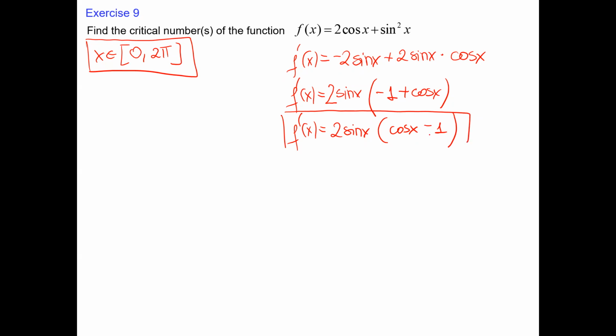And we may also notice this derivative will be defined everywhere. This is a nice, smooth function, but we will have points where the derivative is 0. I mean, the derivative is 0 if 2 sine of x times cosine of x minus 1 equals 0.